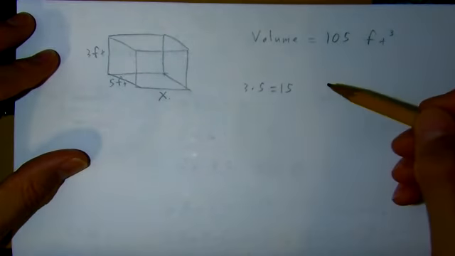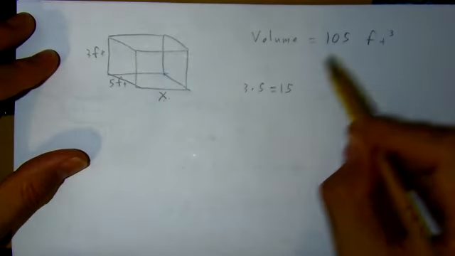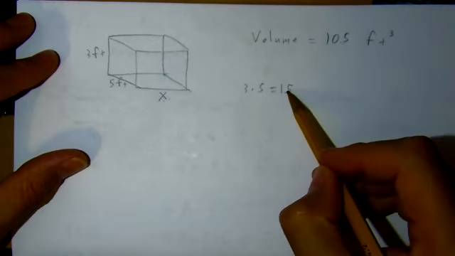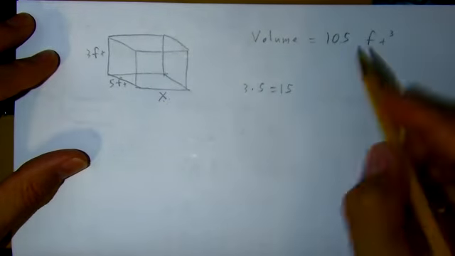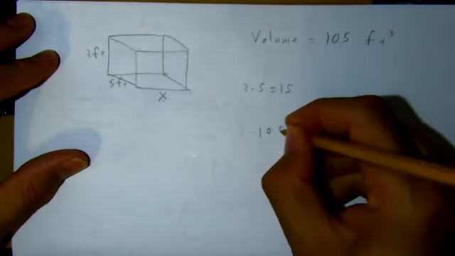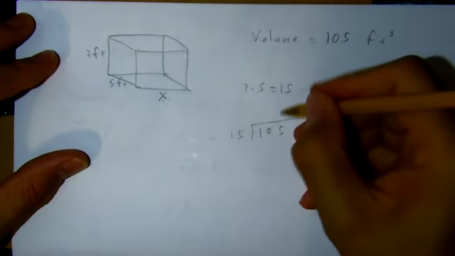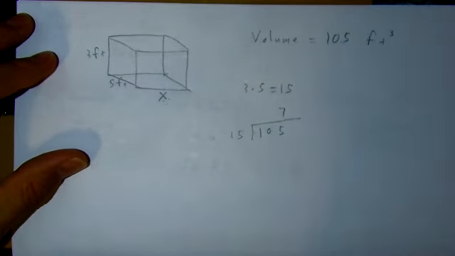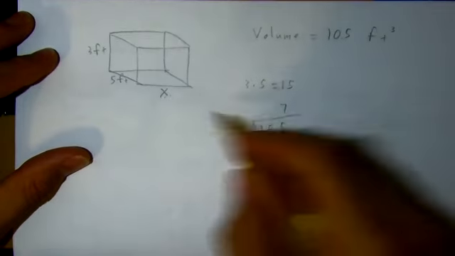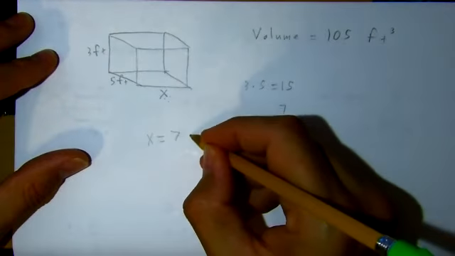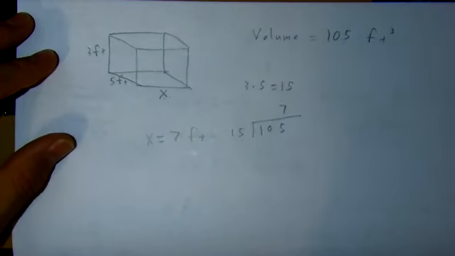So the opposite of multiplying this times this to get this is dividing this by this to get this. So on your calculator, if you punch in 105 divided by 15, it will give you 7, if I did my math right. So now we know that that missing side is 7 feet.